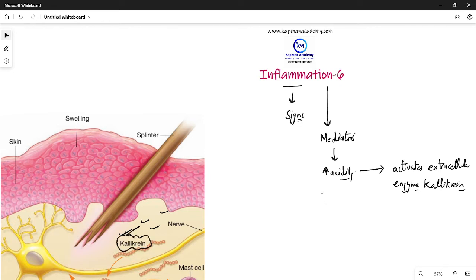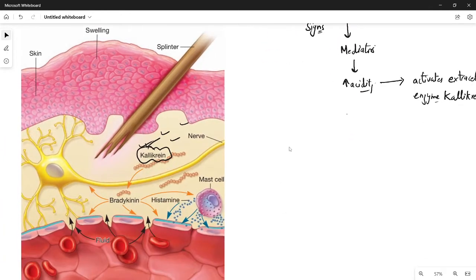So it gets activated and then it is cleaved into a peptide known as bradykinin.